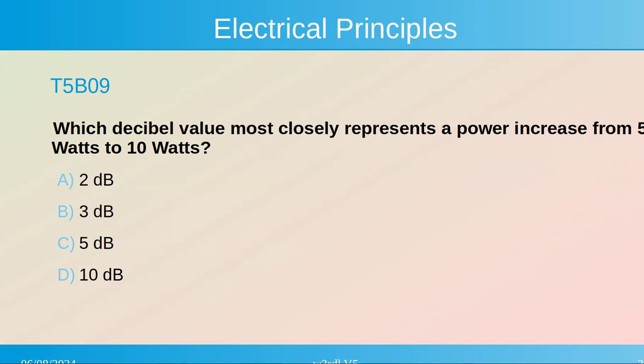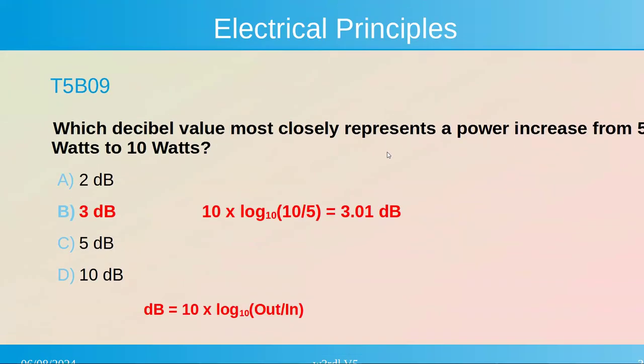So if the ratio is 2, the decibels are 3. And if you want to work it out on your calculator, you can come up with 3.01.